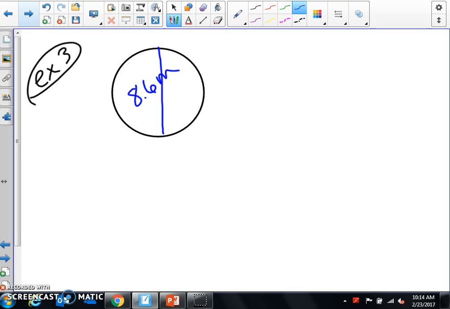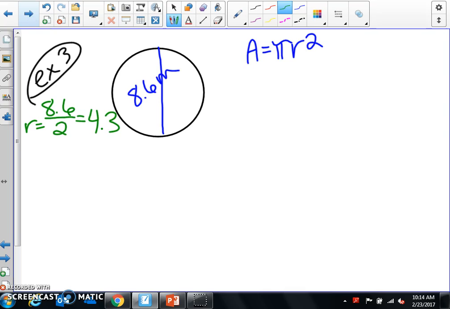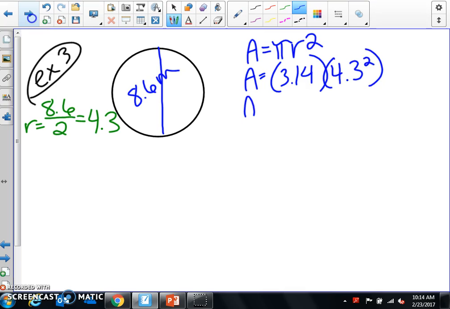Okay, let's do this one. Area equals pi r squared. I look over there, they gave me the diameter, not the radius. So I need to say, okay, the radius is equal to half the diameter. So 8.6 divided by 2 is 4.3. Alright, so now I can start plugging in. I turn pi into 3.14. The radius is 4.3 squared. I have to calculate my square first.